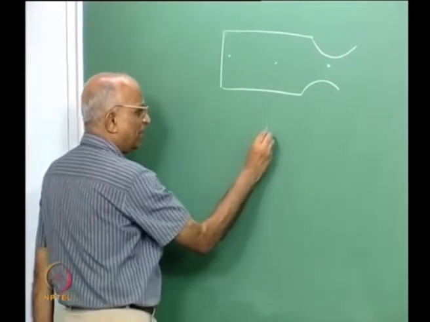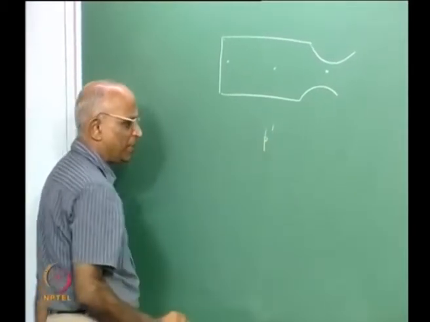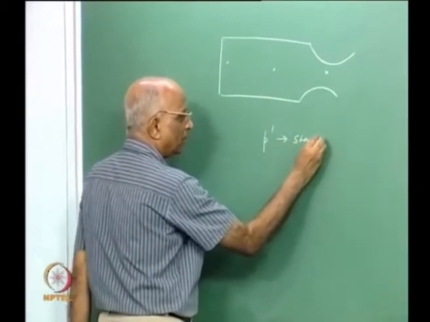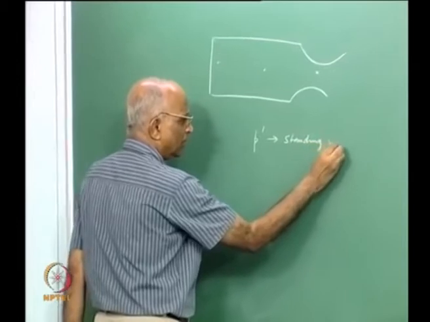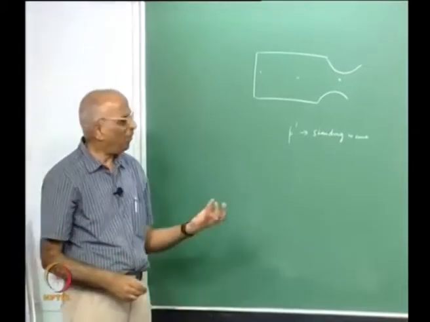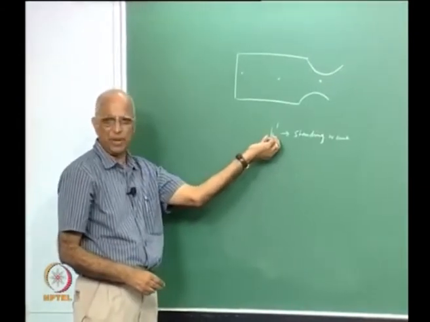Let us say at a particular point I have a pressure perturbation P prime out of a standing wave. I want P prime to increase. What can cause an increase in P prime?